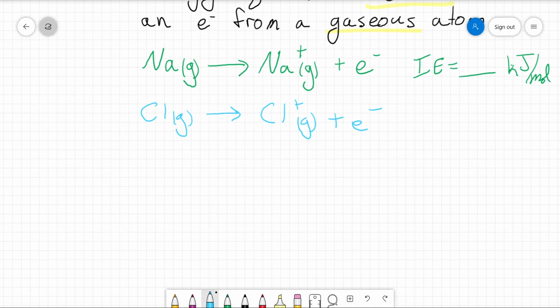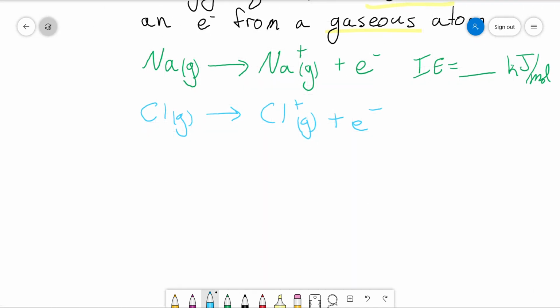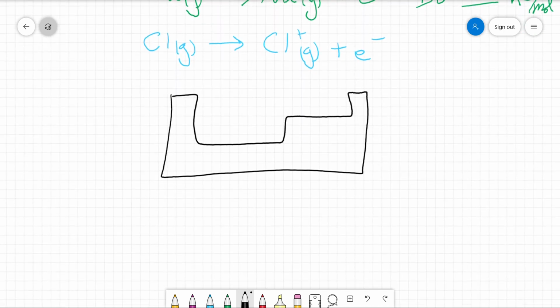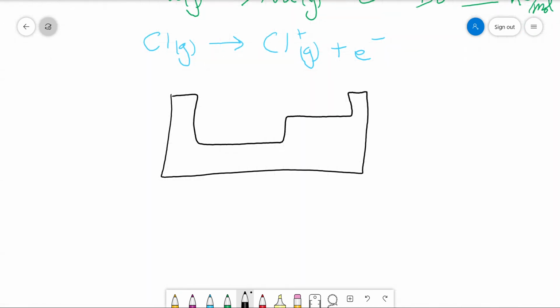Okay, so if we want to look at a periodic table, let me draw my terrible periodic table that you guys have all seen before. Okay, and there's our periodic table, and we want to talk about the general trend. So which way is ionization energy going to increase?